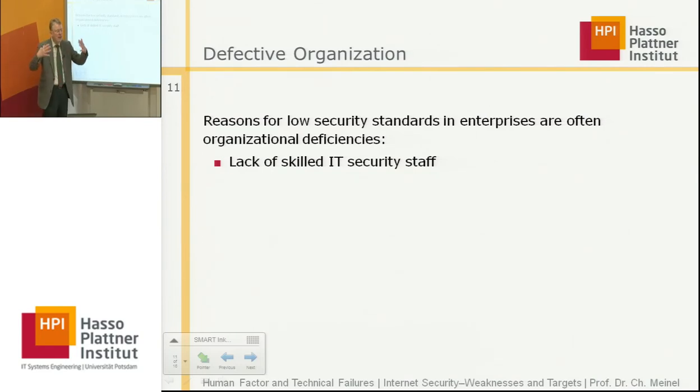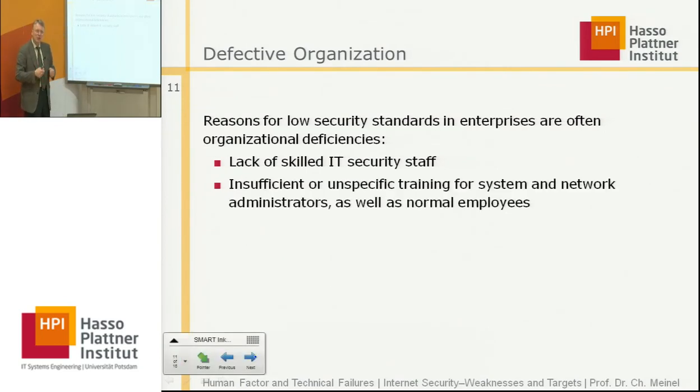The IT world is developing very fast, and the IT staff has to be educated continuously to understand the new technology. And often it's difficult to train these people because they have their full day of administrator work, and then to ask them to learn more about some new developments is not so easy.